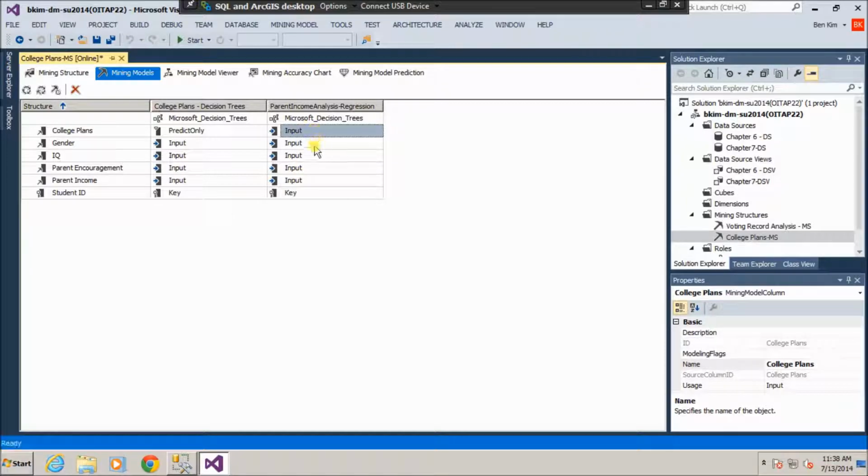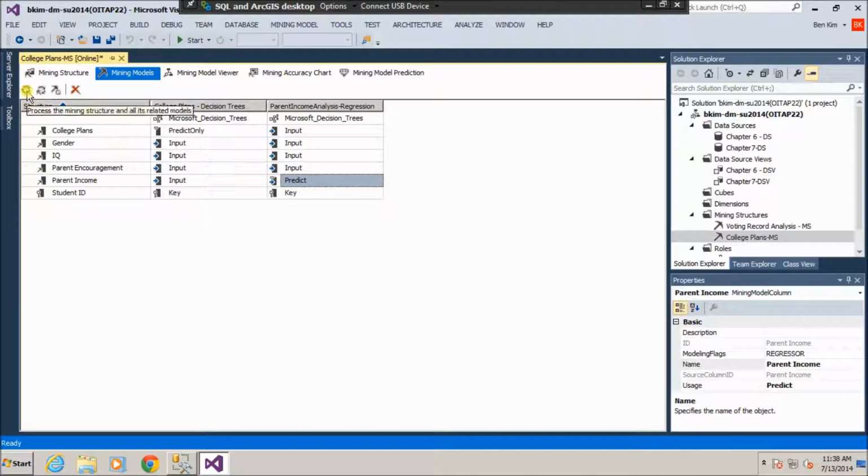These are qualitative. Parent encouragement is an input. Parent income will be what we want to predict. All right, so it looks good. So predict input for these columns. Let's process it, meaning let's read the data and crunch numbers. Can you see the first one?